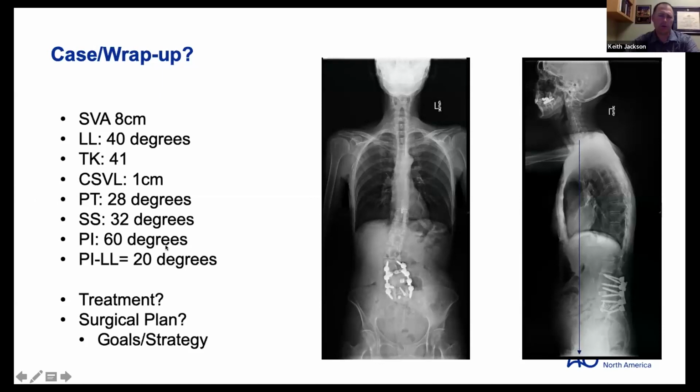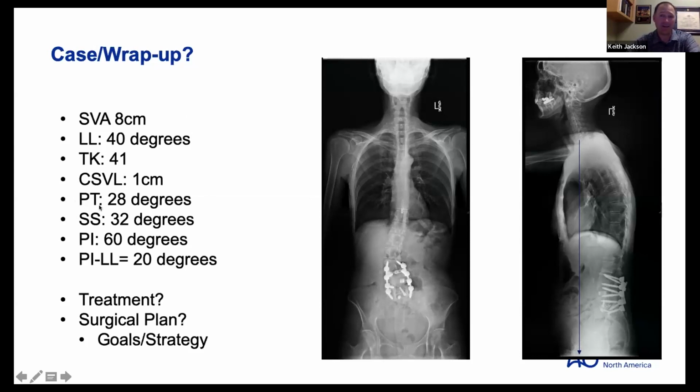Yeah, I think you hit a good point there with sarcopenia. Her pelvic incidence lumbar lordosis mismatch is only 20 degrees. But she's 8 centimeters positive. So I keep going back and measuring both of those angles. Sometimes I find it a little more challenging to measure lumbar lordosis in a patient with some scoliosis, but that's what I've got.